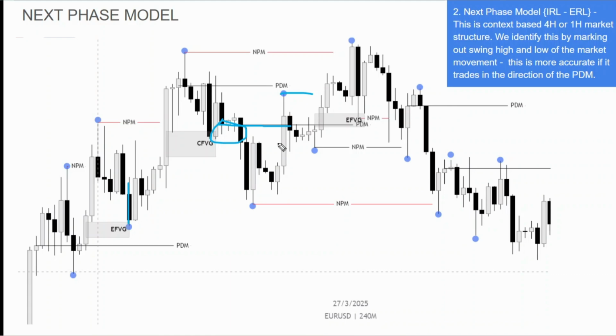The next day model shows us a bigger trend, a bigger daily bias, while the next phase model tells us exactly what price might want to do in the next 2 to 3 hours. Do you understand? Because this is the 4-hour time frame. Now you can even take this to another level when we go to the 1-hour time frame, and you can use the same principle on the 15-minute time frame.